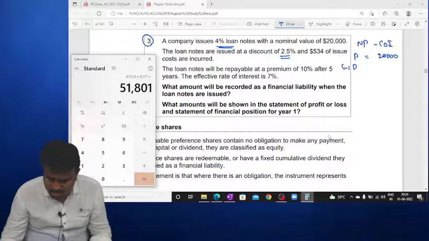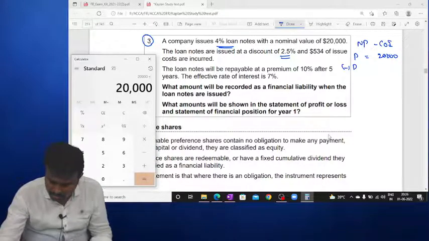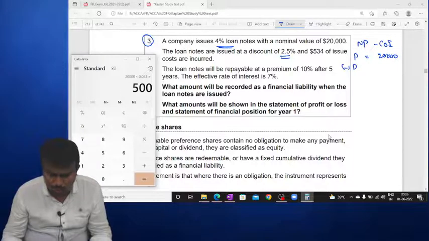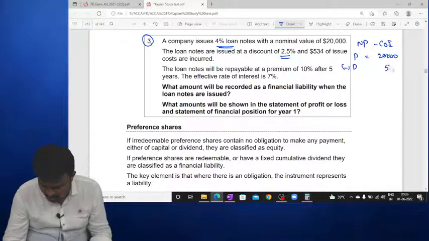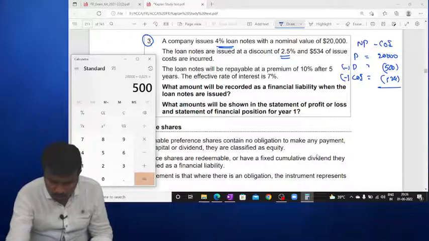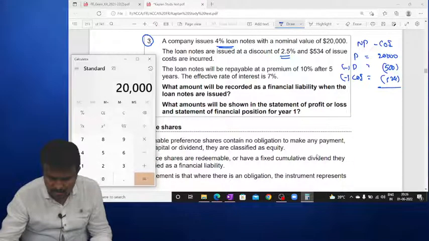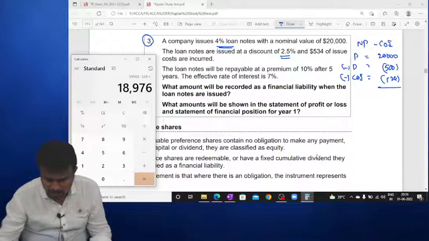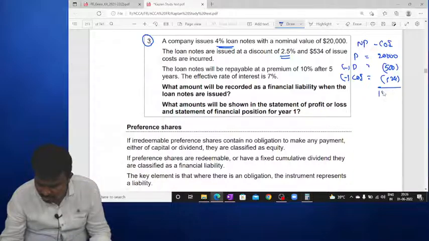Then discount is 20,000 into 0.025, 2.5%, that is 500. Then the cost of issue is 524. So 20,000 minus 500 minus 524 equals 18,976.